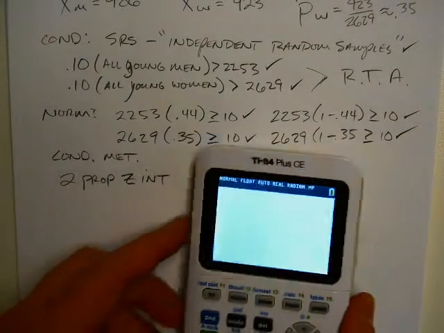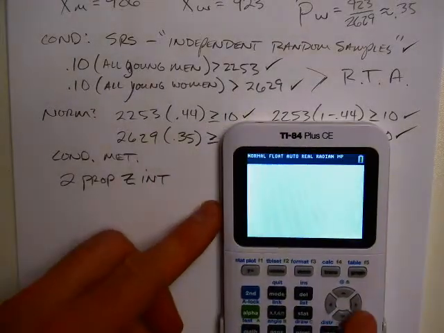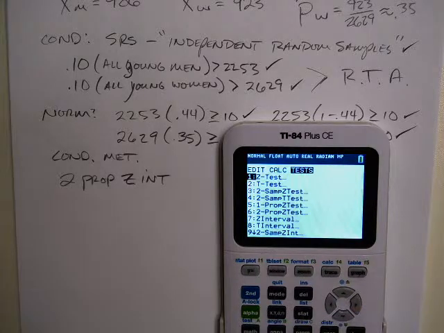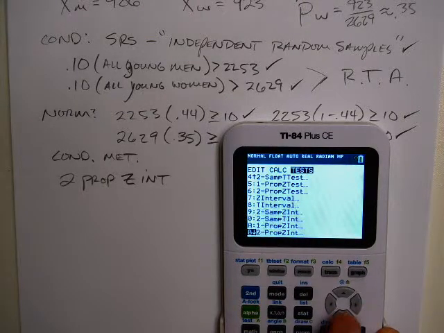So if we go to stat tests, it should be your new best friend. Okay? I'm looking for the 2 proportion z interval, not a test. There is a 2-prop z test as well. We want the 2-prop z int, which is down here a ways at B. 2-prop z int.